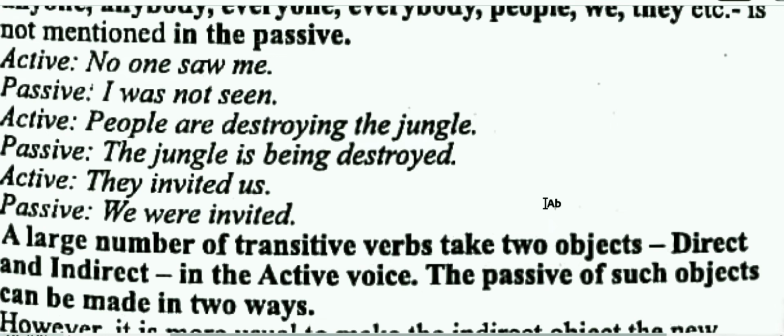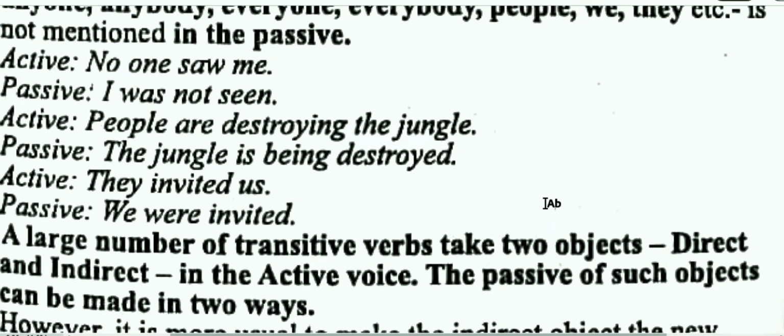So here the jungle is the subject, and we write the jungle as a singular noun. We use the word is, though there was are in the active. The are was used because people was plural. So here the jungle is a singular noun. The jungle is being destroyed.